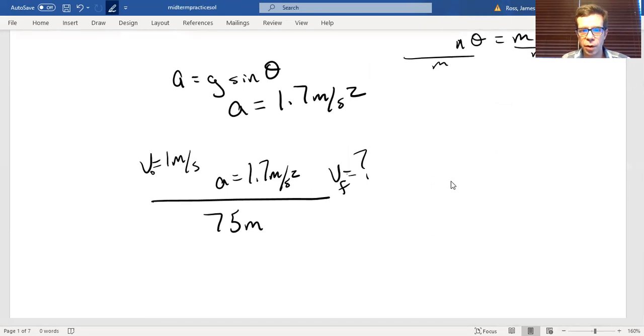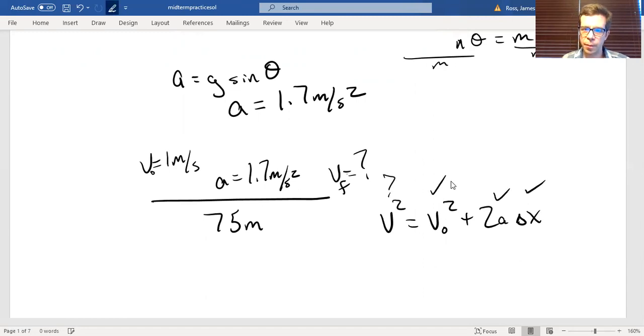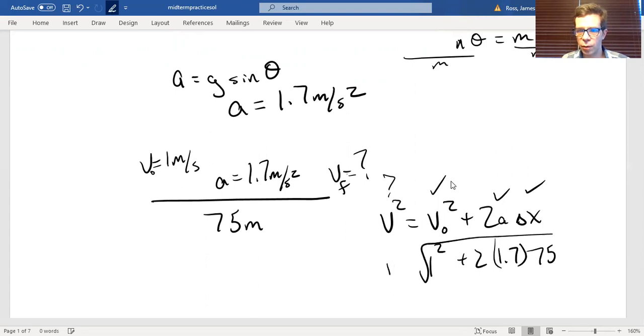So I'm going to use V squared equals V naught squared plus 2A delta X. We got the initial, we got the acceleration, and we got X. So 1 squared plus 2 times 1.7 times 75, and take the square root.